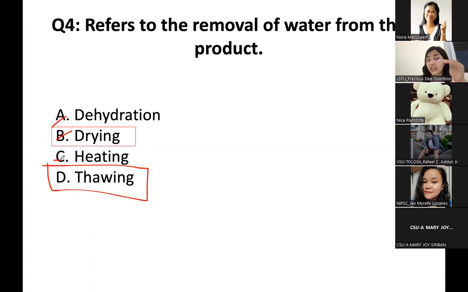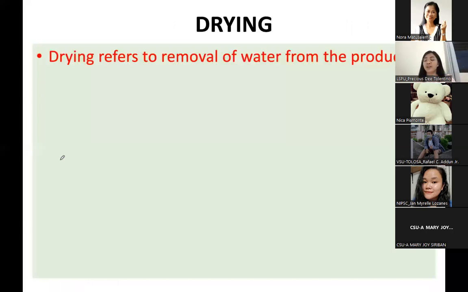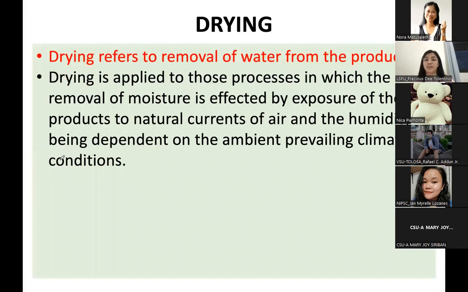So, i-differentiate natin sila. Drying versus dehydration. Pwede din naman si heating, pero class, sabi nga, we have to use the proper term. So drying, okay, refers to the removal of water from the product. Its effect, removal of moisture, is affected by exposure of the product to the natural currents of air and the humidity, which are dependent on the prevailing climatic conditions.